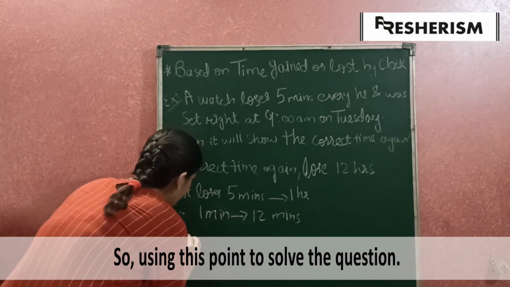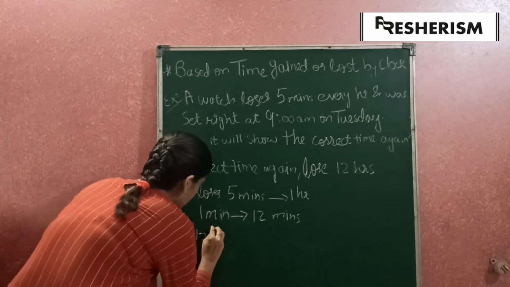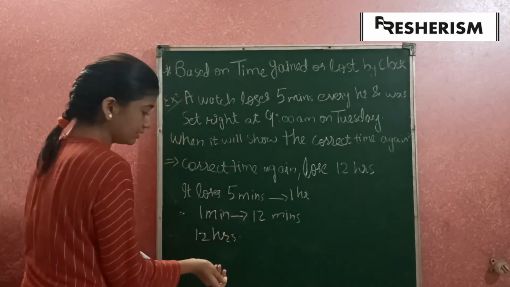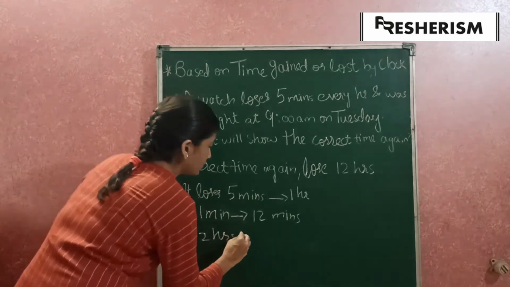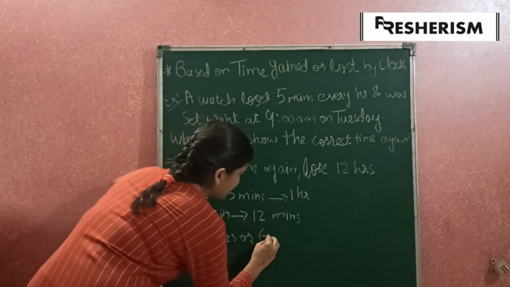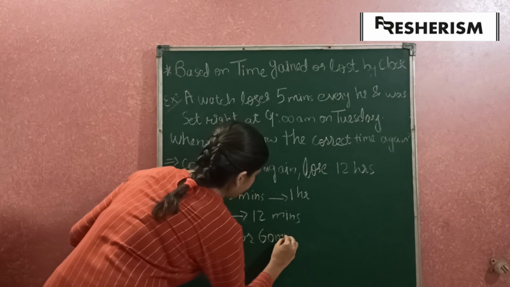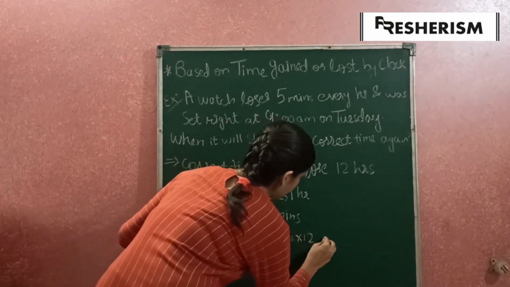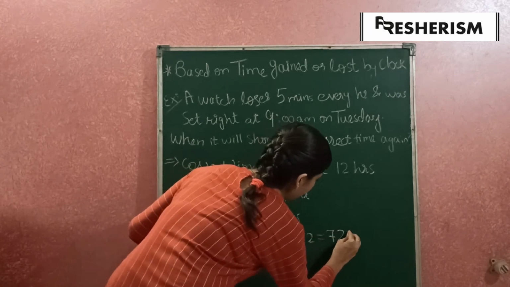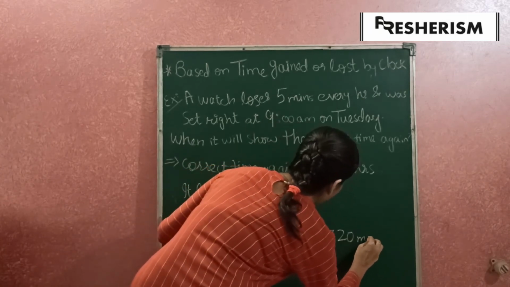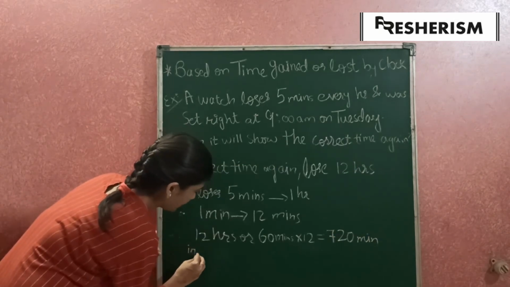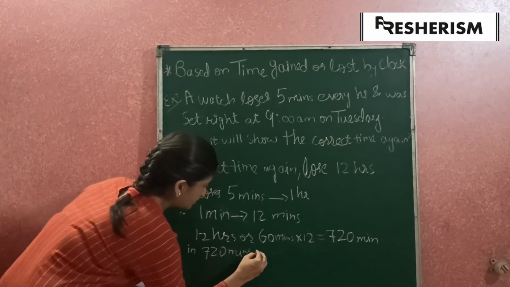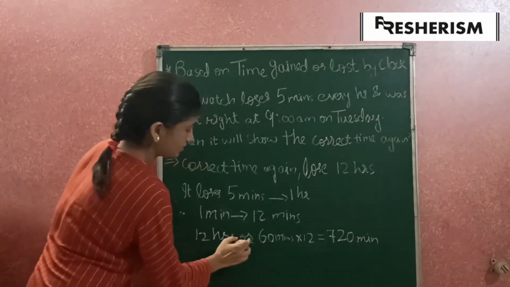So therefore it loses 12 hours, and for writing the 12 hours, we can also write 12 hours or 60 minutes into 12, which equals 720 minutes. So in 720 minutes, it loses 12 hours.